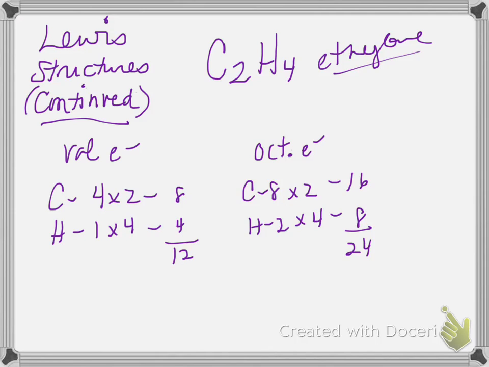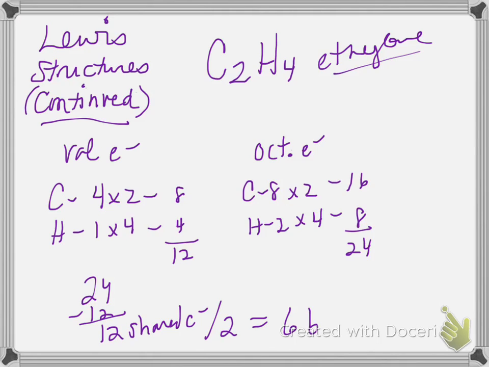If we subtract the valence electrons from the octet, 24 minus 12, we end up with 12 shared electrons. And since each bond requires 2 electrons, when we divide that by 2, we show that this is going to have 6 bonds.